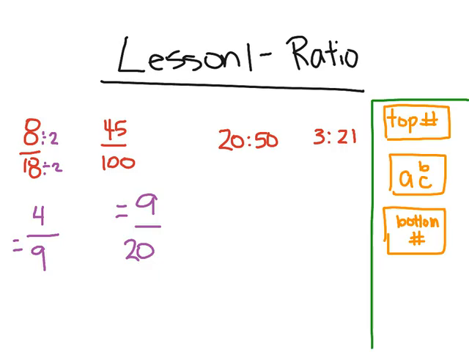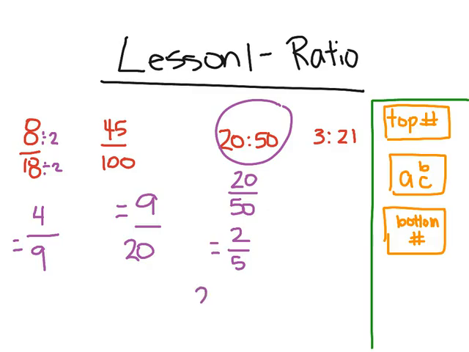Now, when you have a ratio set up like this, we can use our calculator still. We just do our first number and then our second number because we know this can be written as 20 over 50. So we go 20 ABC 50, and we should get 2 over 5, and we want to write it as 2 to 5.